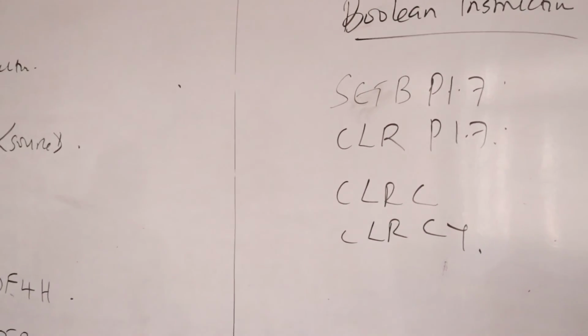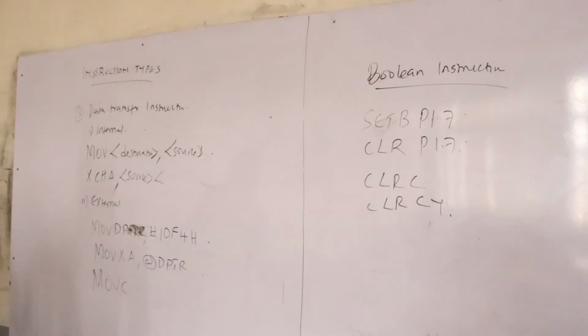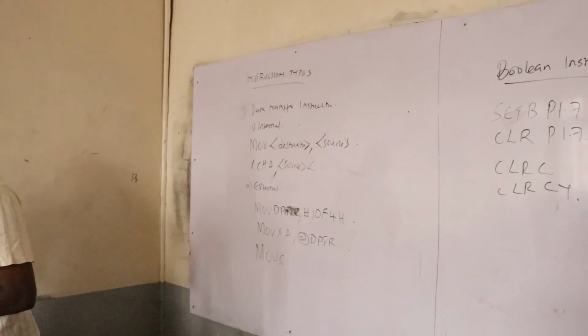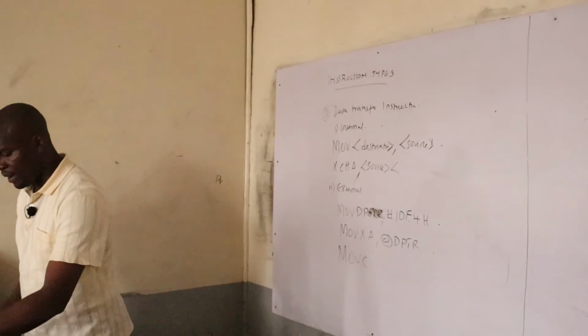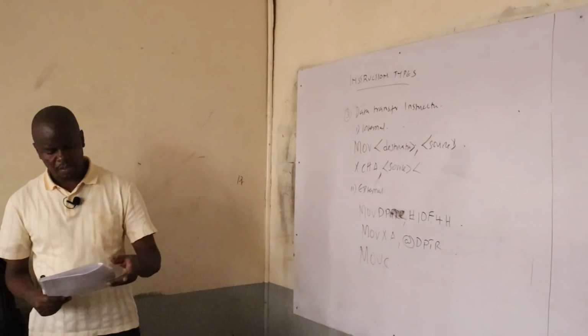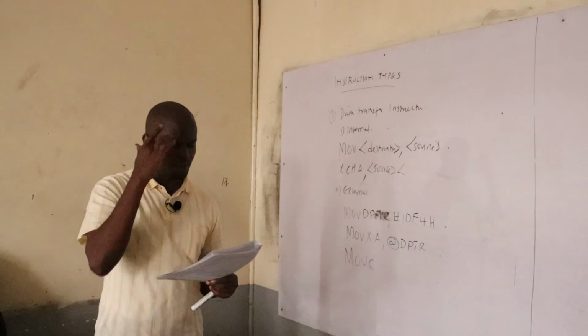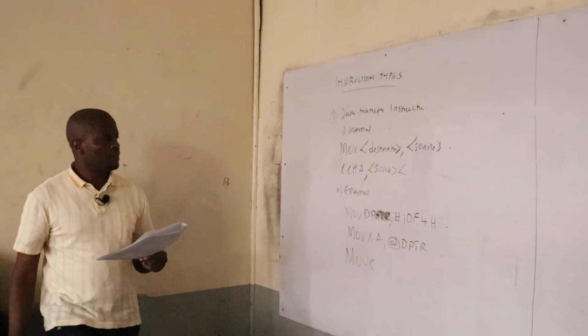The next instruction type is the branching instructions. There are three versions of jump instructions. That is the short jump.